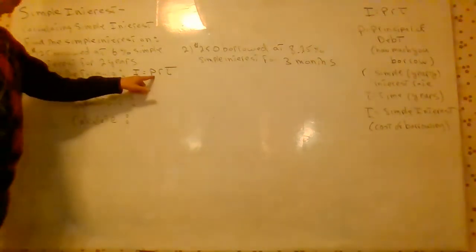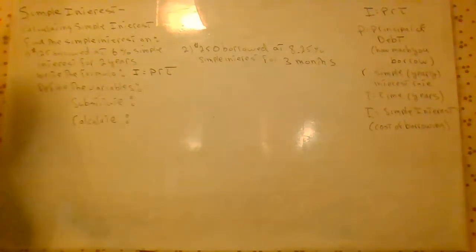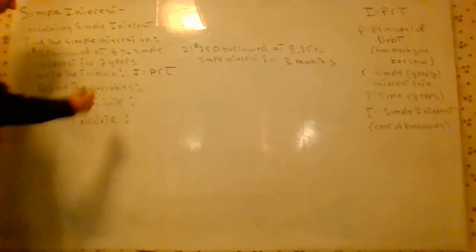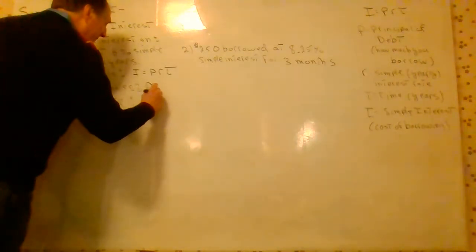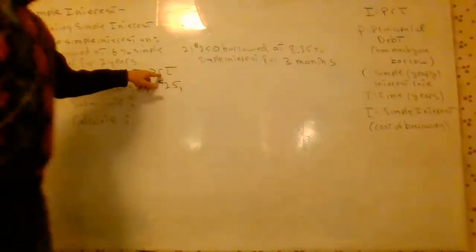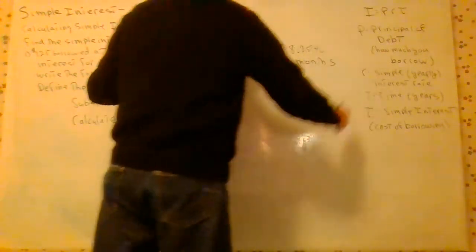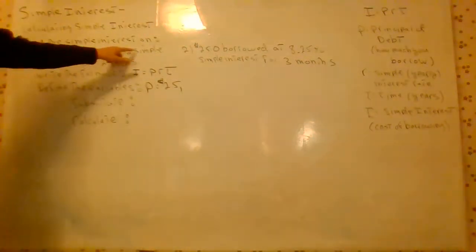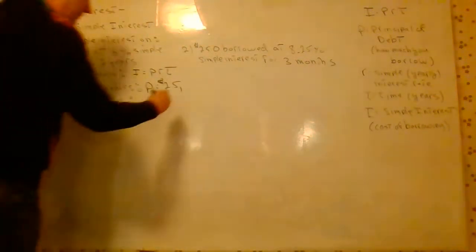Define the variables, P. P is how much you borrow. We're borrowing $125, so we simply say P equals $125. Need to define R. R is a simple interest rate. That's stated in the problem, 6% simple interest.